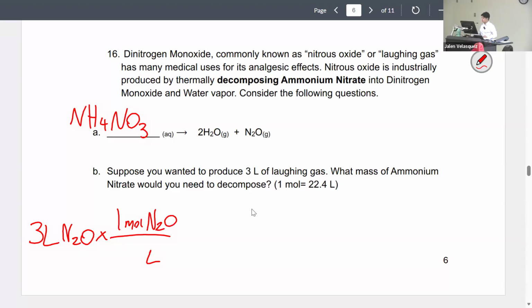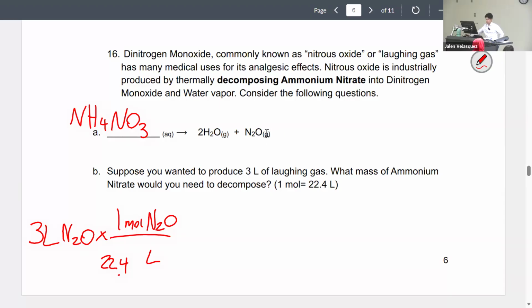And I know that 1 mole is 22.4 liters. Okay, so we are in the moles here of N2O, right?